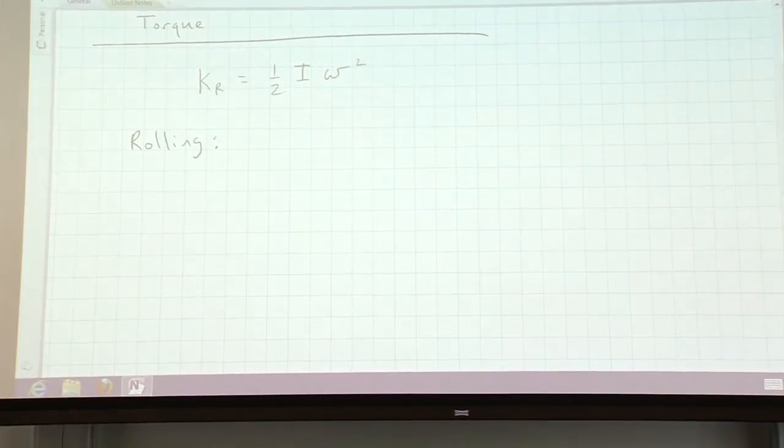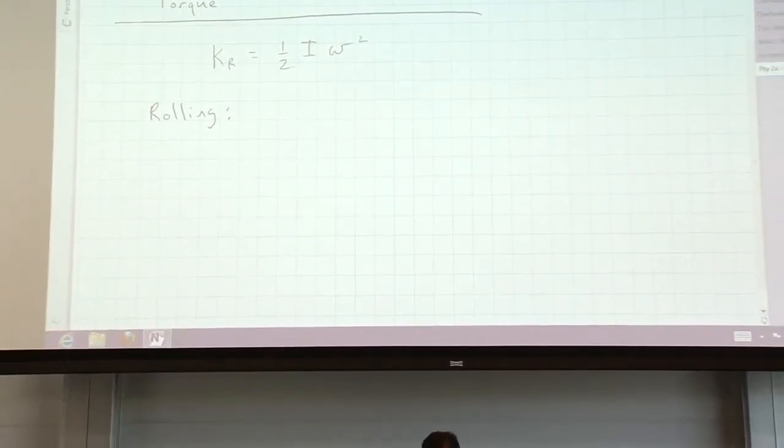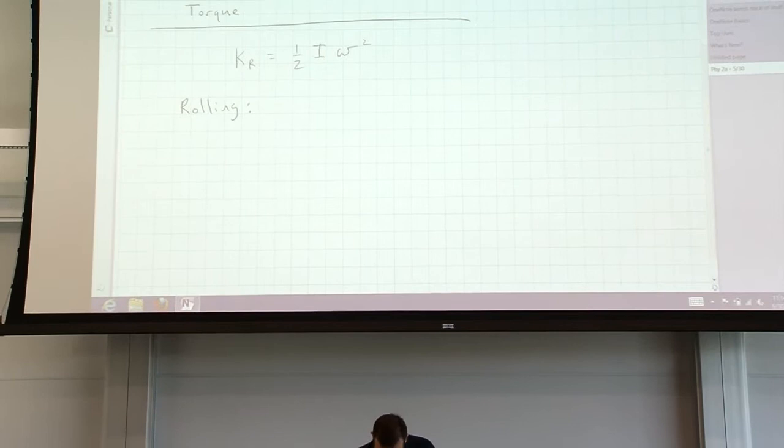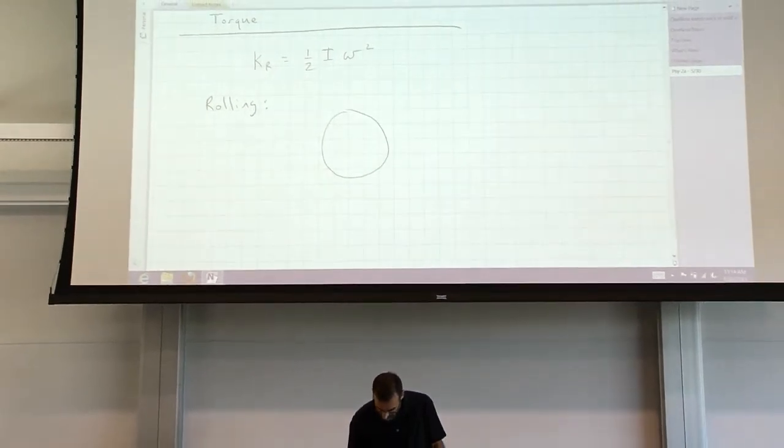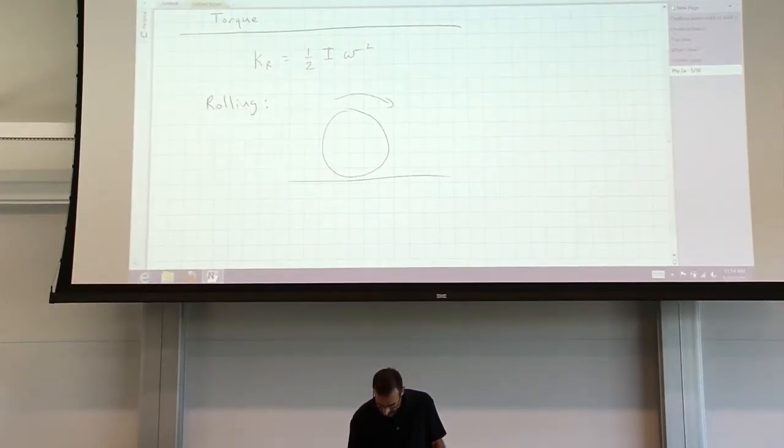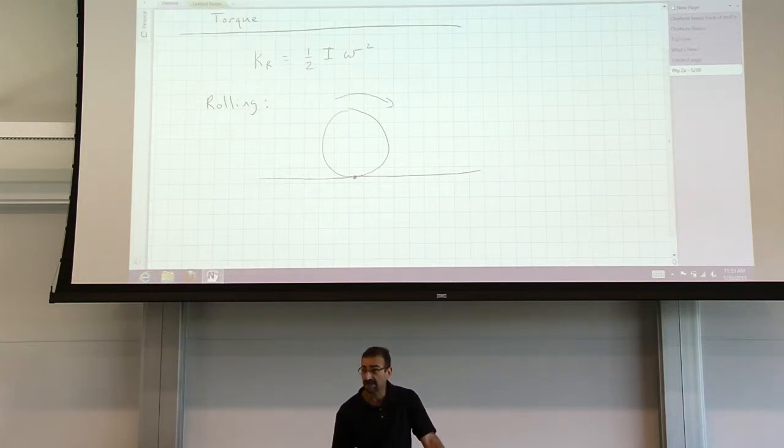And the complicated way is that when something is rolling, let's draw a wheel rolling along a surface here. I guess I should make it touching the surface. There we go. What's really happening is that this is the axis of rotation.